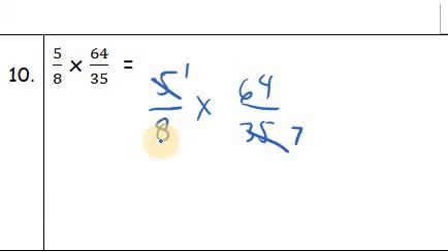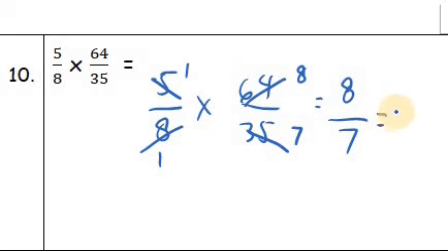Between 8 and 64, 8 is the greatest common factor, so we cross it out the same way. 8 divided by 8 is 1, and 64 divided by 8 is 8. After that, 1 times 8 is 8, and 1 times 7 is 7. Then let's convert to mixed number in simplest form, and this is already in the simplest form. Okay, so that's it.